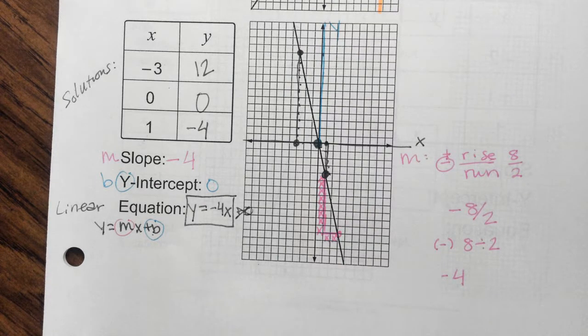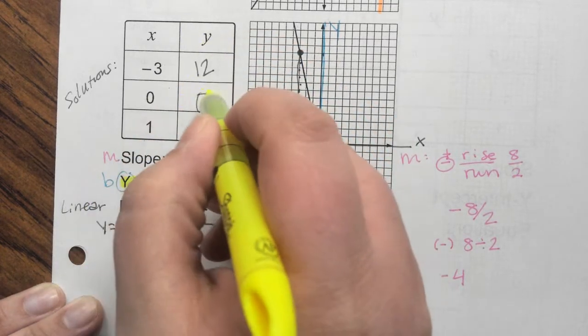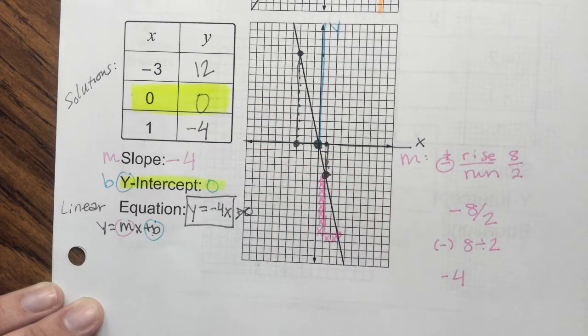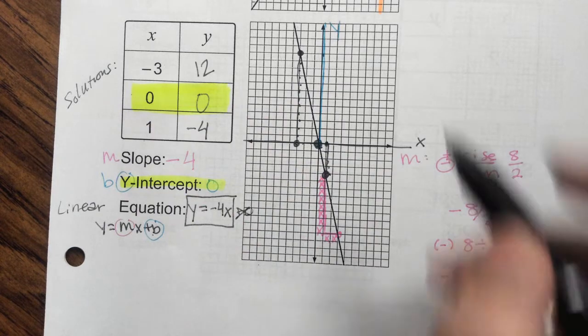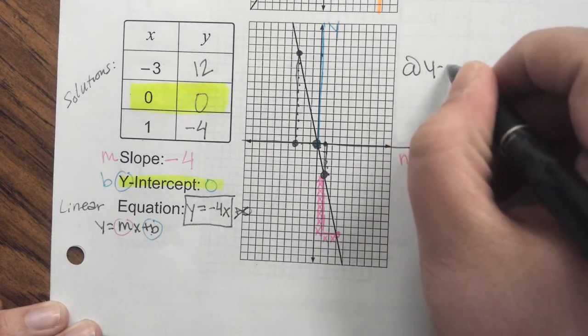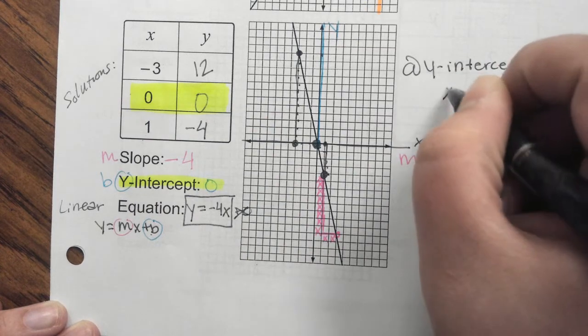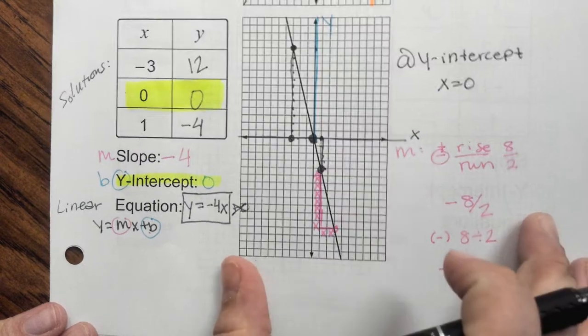The next thing I want you guys to just kind of notice, the y-intercept is 0. So when the y value is 0, I know that this is the y-intercept's ordered pair. Notice that the x value is 0. So at the y-intercept, x is equal to 0. Look in that first example that we did.